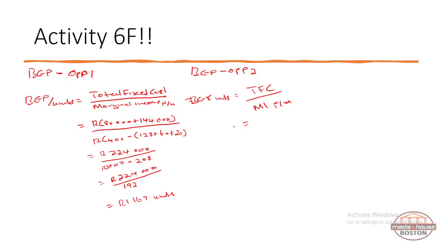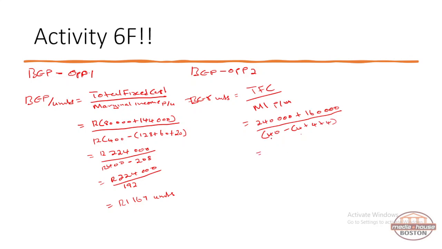So total fixed cost for this side is going to be 240 plus our fixed administrative cost of 160, and therefore all of this divided by our MI, which is going to be 40 rand, minus in brackets 4 rand, which is our first variable cost, second variable cost plus another 4, and another variable cost that we also have, another 4.